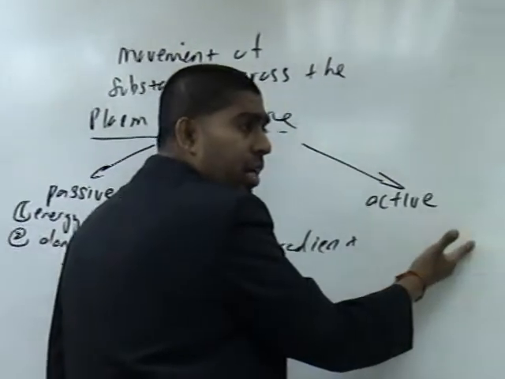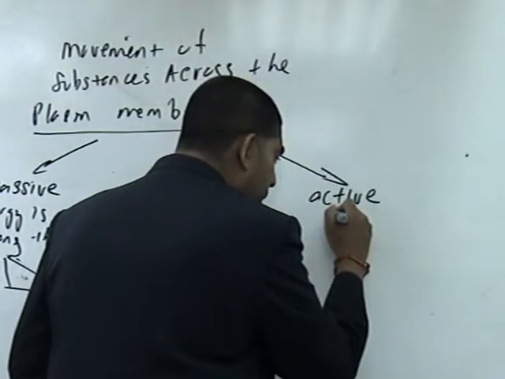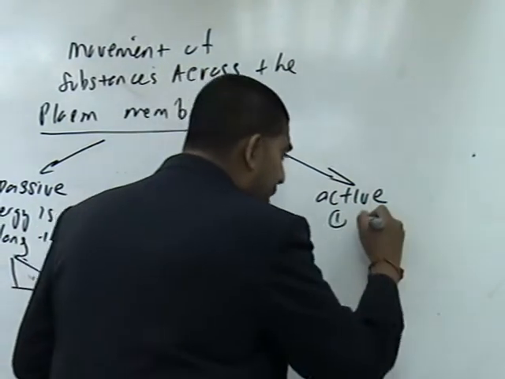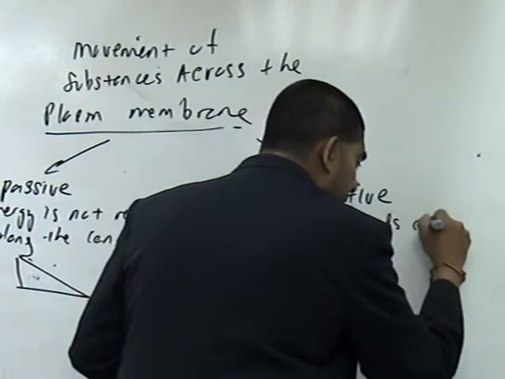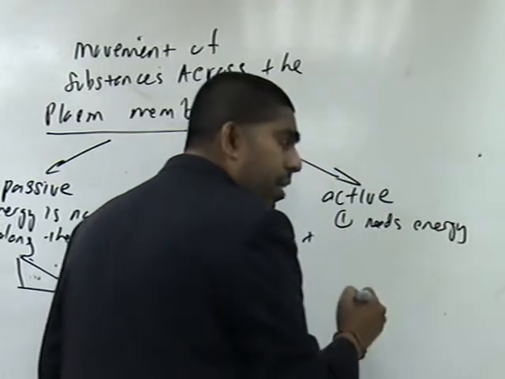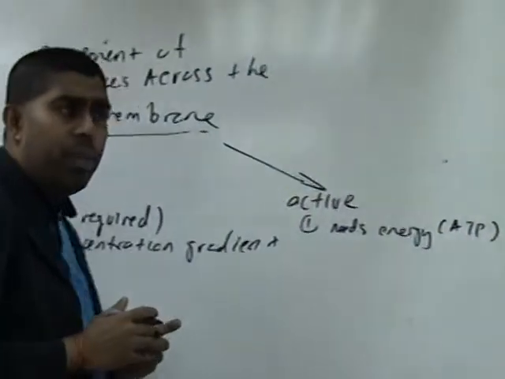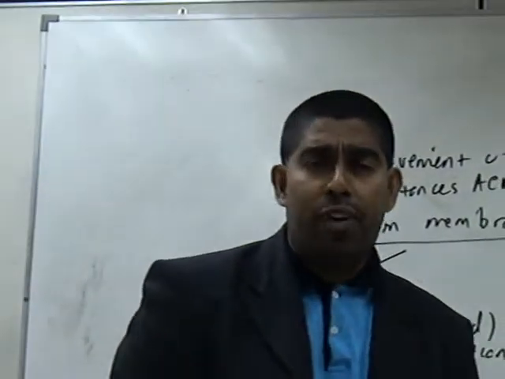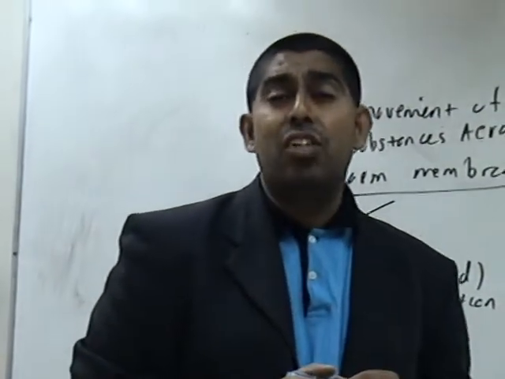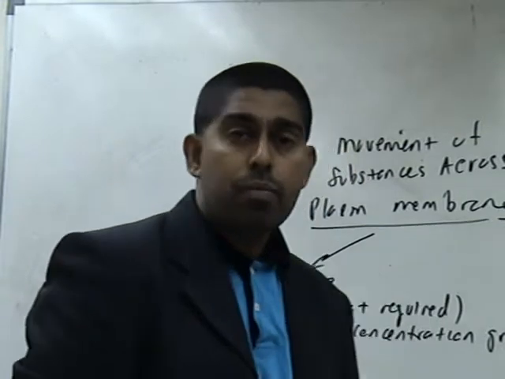Active, on the contrary, means that number one, it needs energy. It requires energy, and this energy is normally obtained from ATP, adenosine triphosphate molecules, energy-rich molecules in our body.